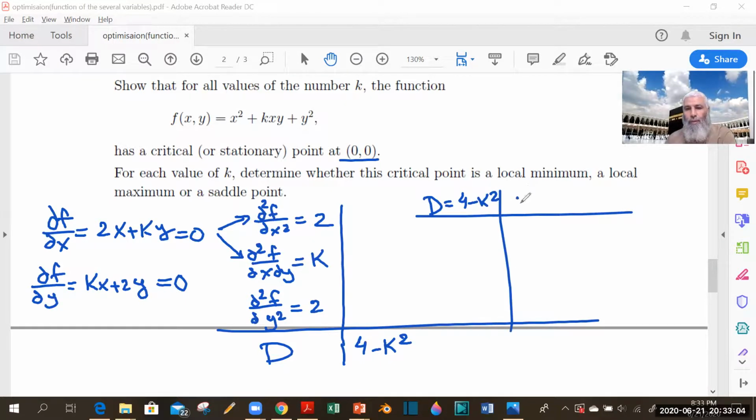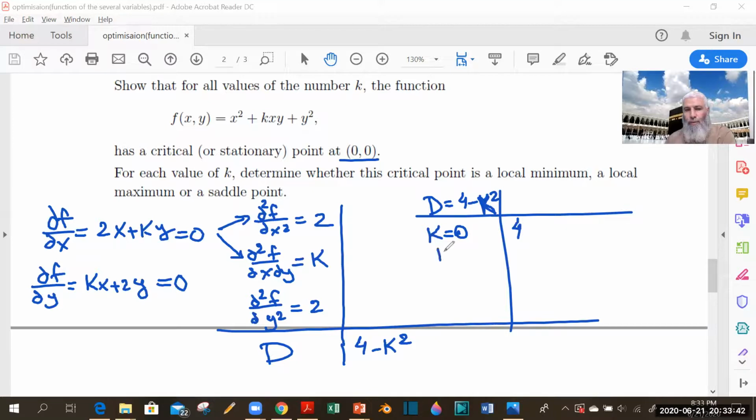So if k is 1, D equals what? Let's say k equals 0. So D is just 4.